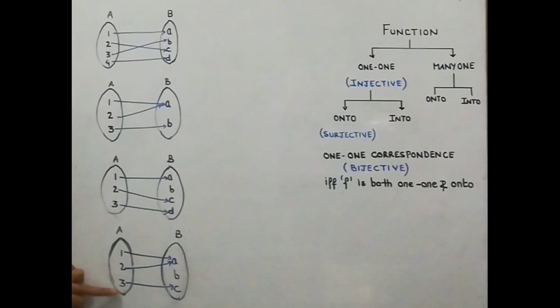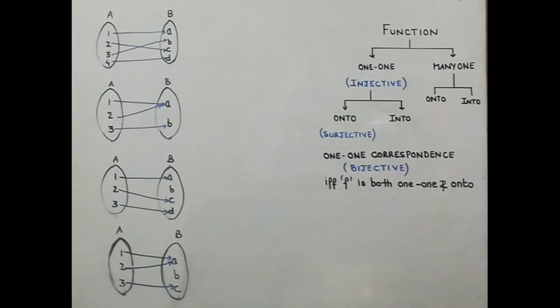If you see this one, two different elements have the same image. So this is many-one. If we categorize these four, the first one is one-one, the second is many-one, the third is again one-one, and the fourth is many-one.